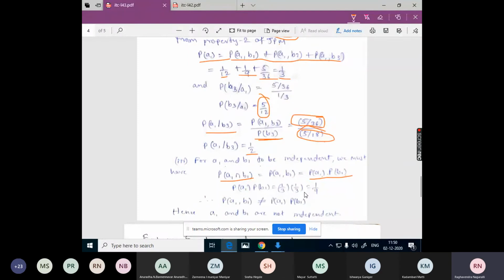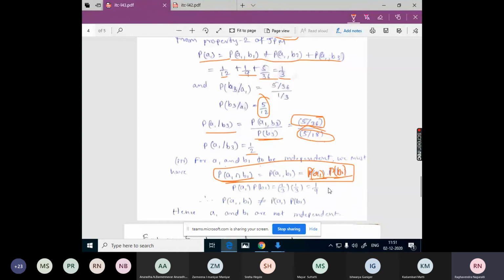For any two events to be independent, the probability of intersection of those two events is equal to the product of the probability of the individual events. So here it is P of A1 and P of B1.